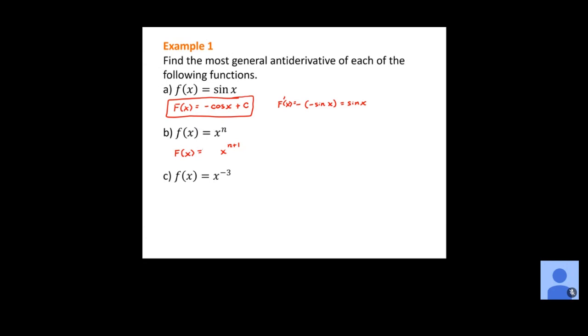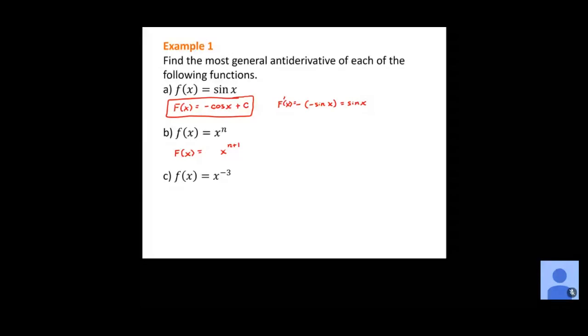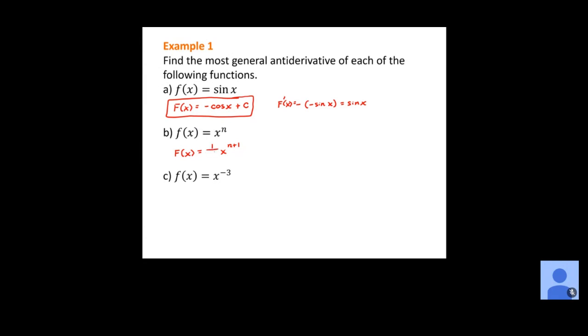But then we're going to need a coefficient out front to account for the fact that that n plus 1 is going to come out front. So we have to put a 1 over n plus 1 out front now. And then we do need our arbitrary constant, so we need a plus c.